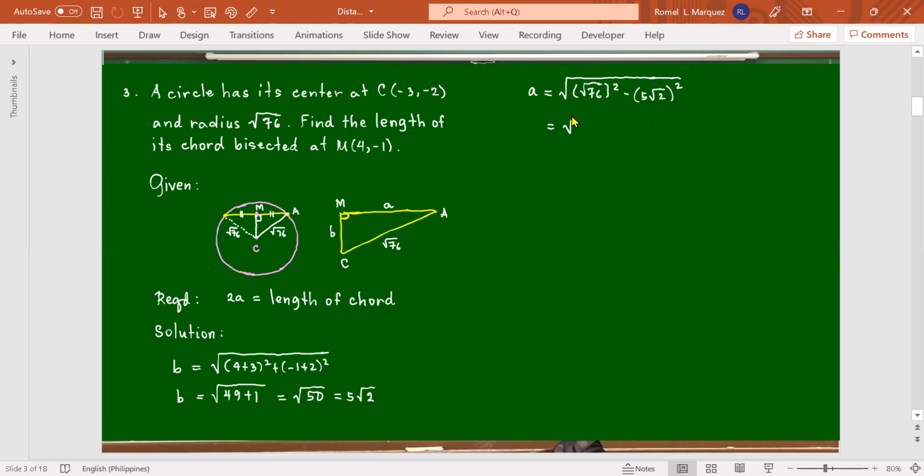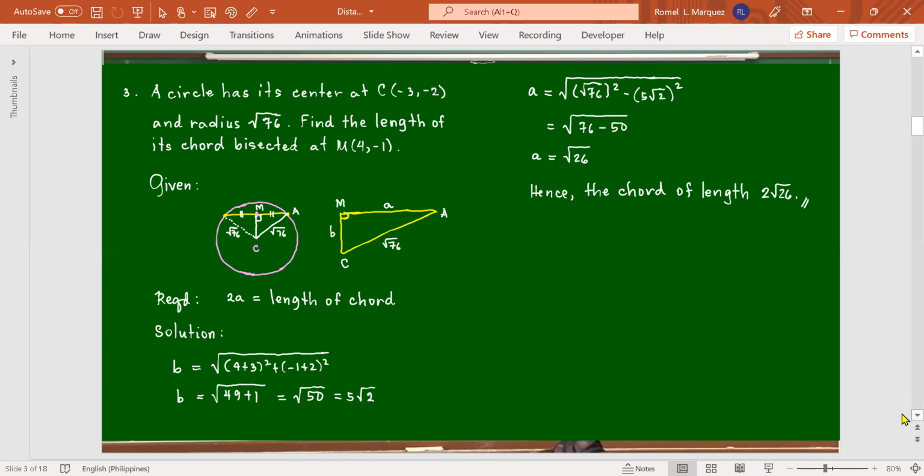So getting the square root of 76 plus -50, no? But what is the square root of 76 minus 50? That is the square root of 26. Hence, the chord is what? The chord is of length 2 square root of 26 units, or simply 2 square root of 26. Get it, guys? Do you have any question with this?